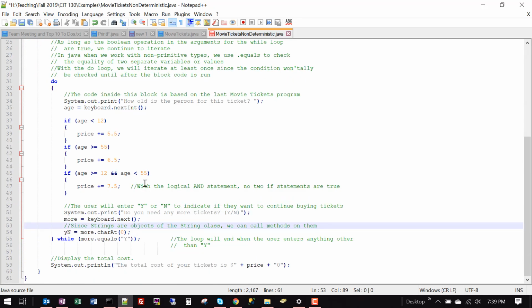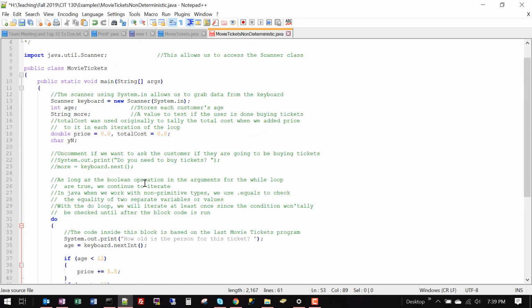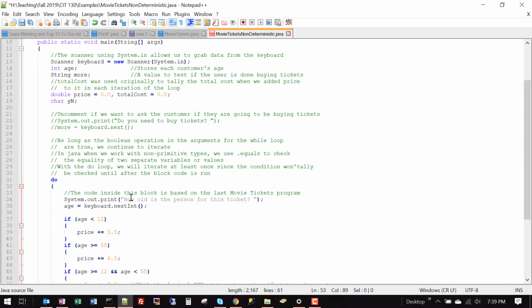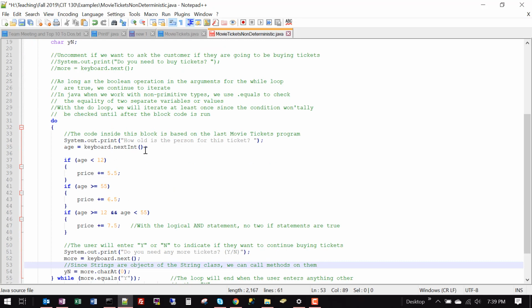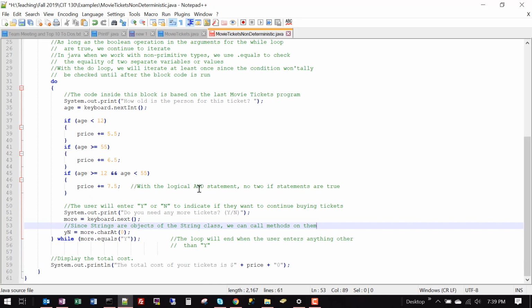And we can use methods on them, which we've already done. When we do keyboard.nextInt, we are calling the nextInt method on keyboard. We're going to go into methods much more in detail next lecture when we make our own. So that'll be kind of cool.